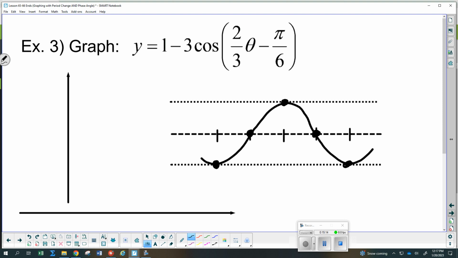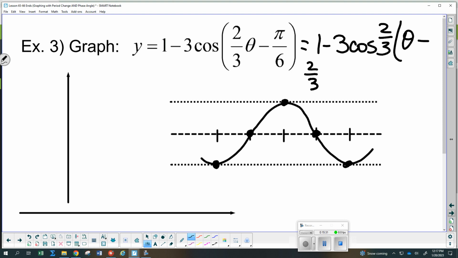Yeah, if I have that number inside the parentheses before I can tell anything about the shift, I have to factor it out. So let's say that this is 1 minus 3 cosine 2/3, factor that out, theta minus something. So let's see, I need 2/3 times what is pi over 6.